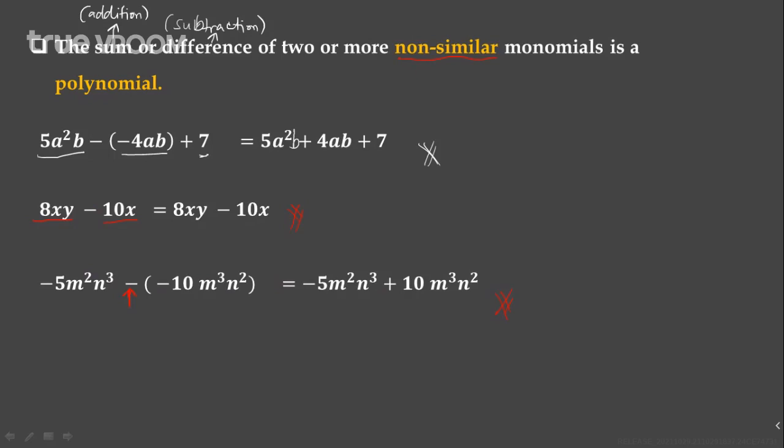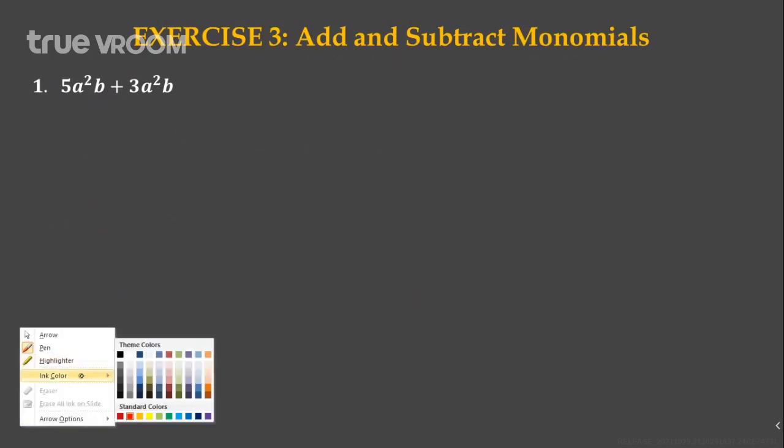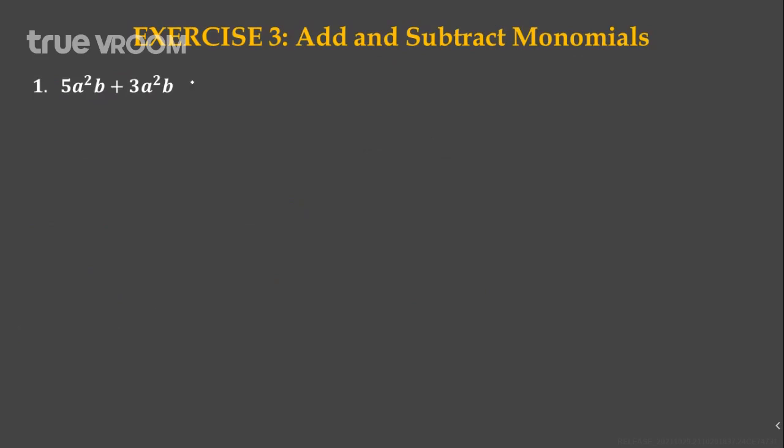Do you understand? Yes. All right. So let's add or subtract. Just one example. Number 1. 5a squared b plus 3a squared b. What is the answer? Just the final answer. 8a squared b.